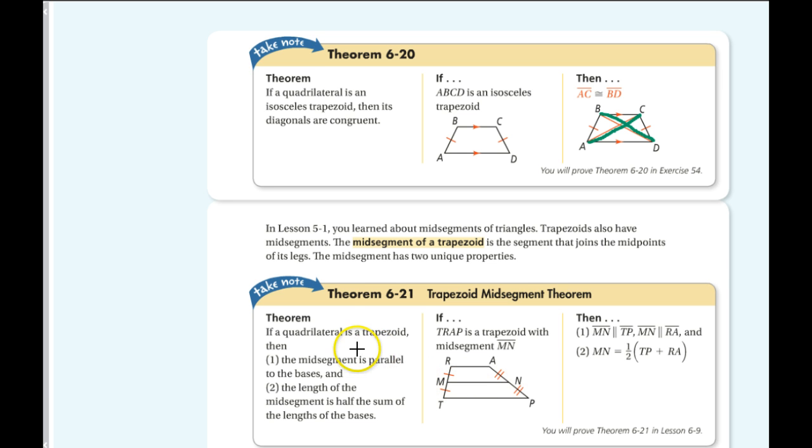So the trapezoid mid-segment theorem basically states that if a quadrilateral is a trapezoid, then the mid-segment is parallel to the bases, and the length of the mid-segment is half the sum of the lengths of the bases. Or in other words, it's the average of the two bases. So these two things are going to be important when you're solving problems with trapezoids and their mid-segments.